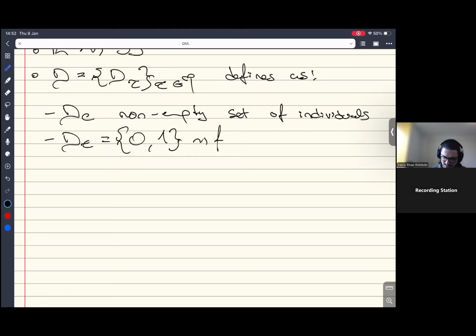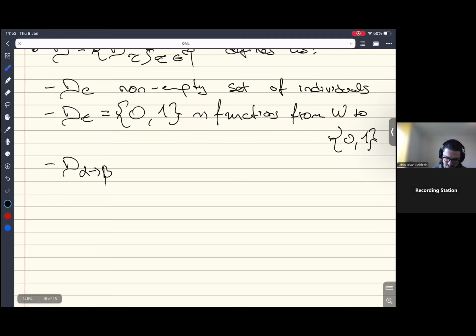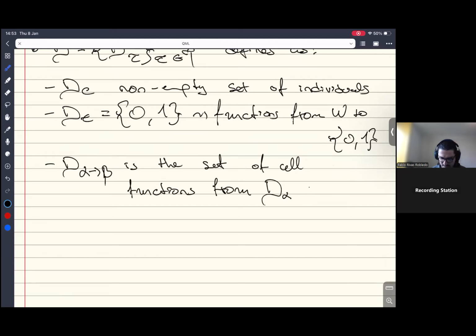So you can interpret this as functions from W to truth values. And then you're going to have a domain alpha to beta, which is the set of all functions from a domain alpha to a domain beta.